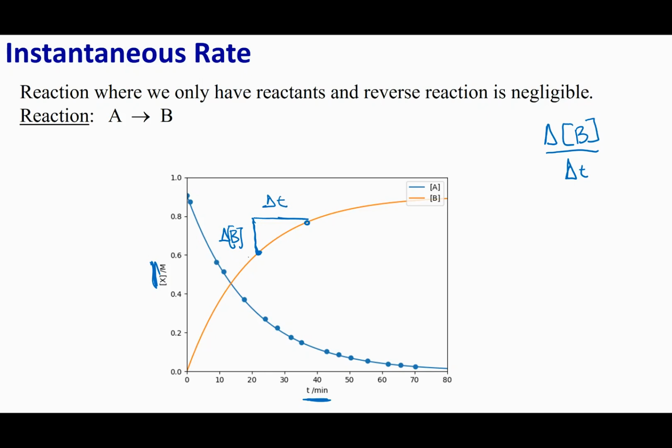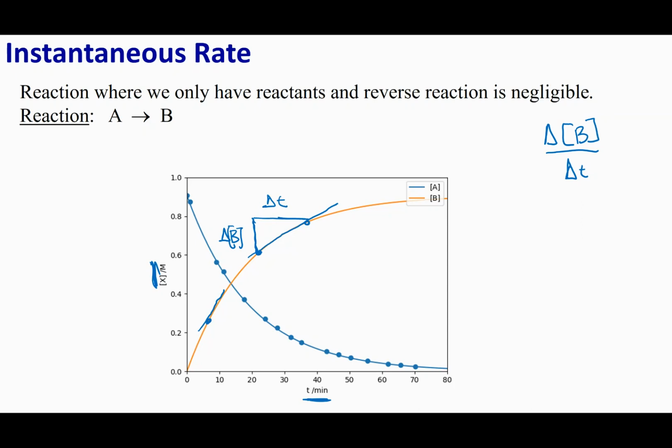Now, if I were to draw a line between these 2 points, that right there is going to be the average rate between those 2 points. Now, if I were to pick any other point and draw a tangential line to that curve, that is what we call the instantaneous rate.